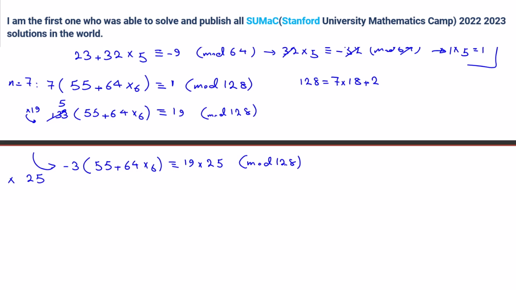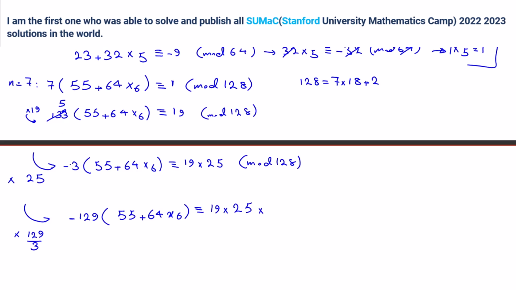128 mod 3 is what? 11, right? Yeah. 129 is a multiple of 3. Oh, now that's good. So if you multiply by that, it would be negative 129 times 55 plus 64x6 is congruent to 19 times 25 times... I think I made a mistake. 5 is not negative.